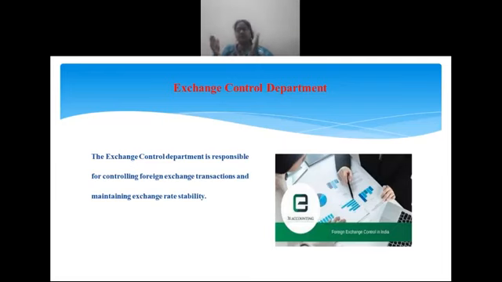So what is the rate of this exchange? For how many rupees should we pay to get one dollar? These rates are to be controlled, and it is RBI's Exchange Control Department. It is responsible for controlling foreign exchange transactions and maintaining exchange rate stability.